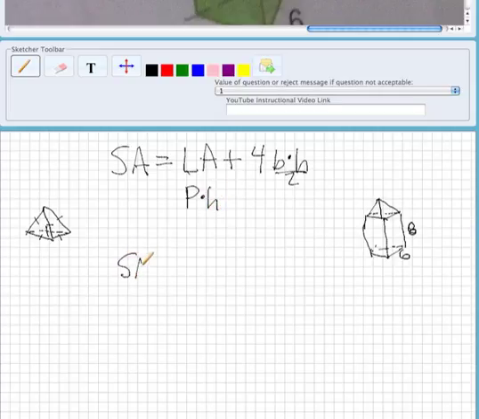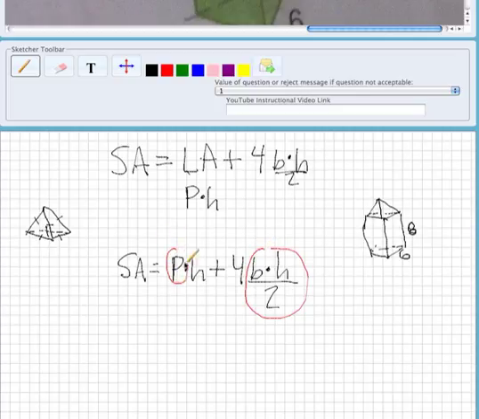So our new formula for this surface area is going to be PH plus 4, because there's 4 sides, times the base times the height of the triangle, divided by 2. So I'm going to circle this in red and say that this is the triangle and this is the triangle.